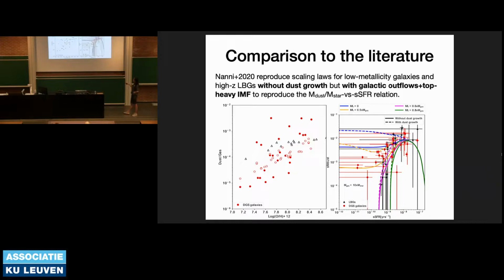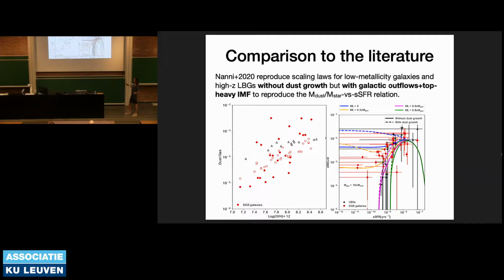Then another comparison to the literature, so I plotted those figures from those papers. Here, maybe focus on the right-hand side, the specific star formation rate over the specific dust mass, so the dust mass over stellar mass. So you have the data points here, and maybe focus on their solid lines. Without dust growth models, there's the orange curve here, which accounts for outflows. So here they're reproducing observations for low metallicity dwarf galaxies by accounting for very efficient outflows.